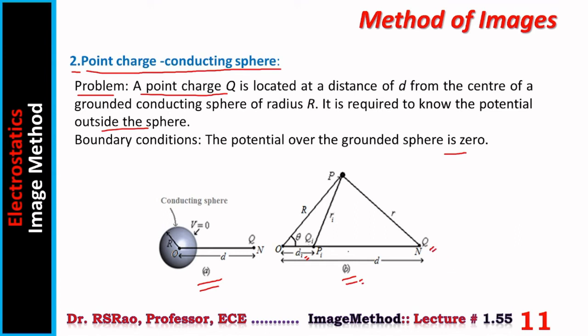One is q, another is Qi. Qi is at a distance of di from the center of the sphere. Notice R is the radius of the sphere.